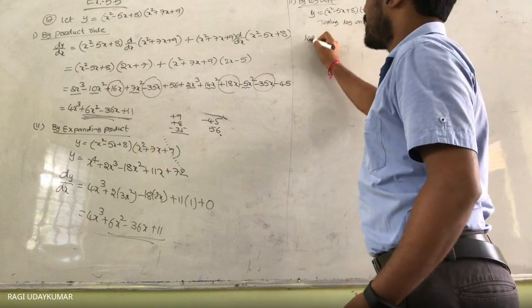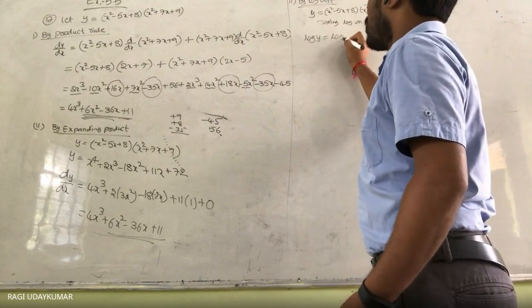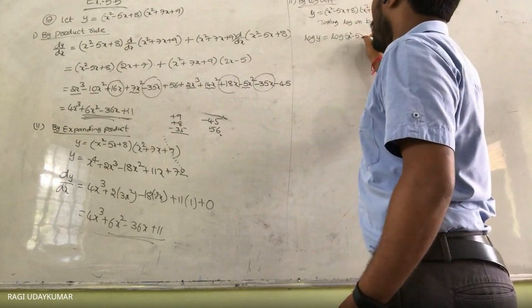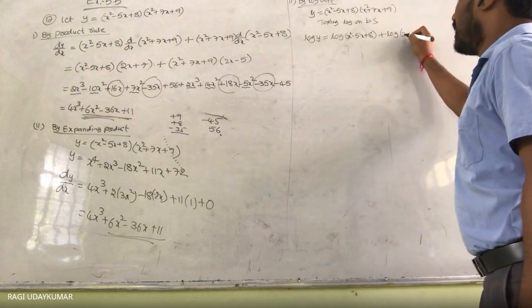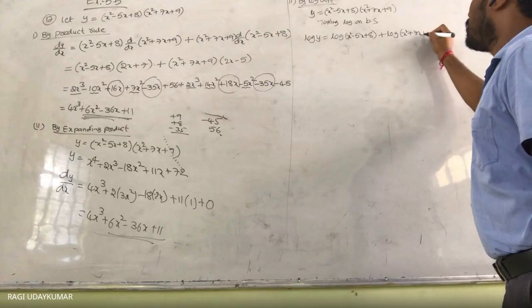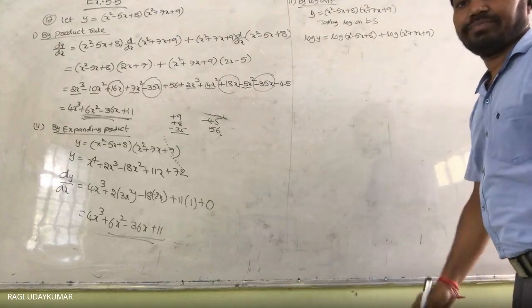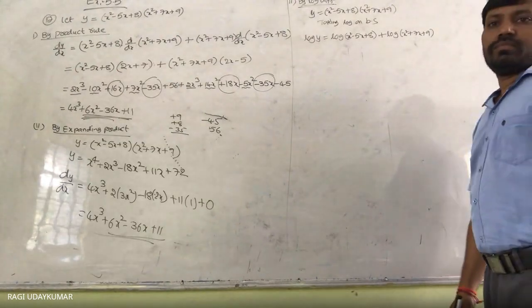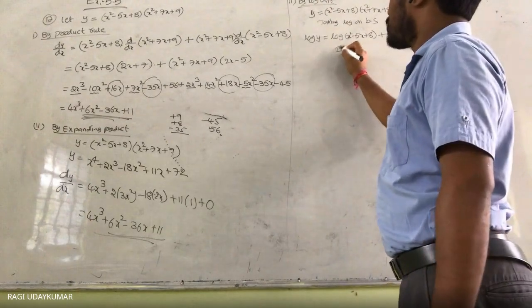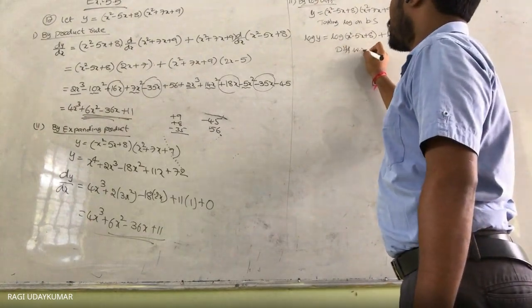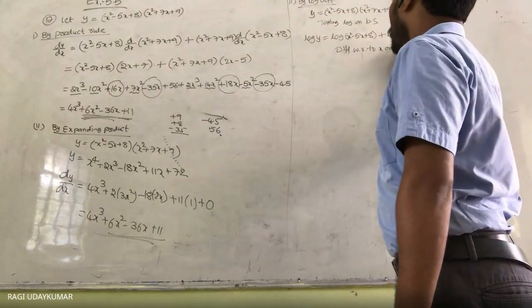So we are going to get here log y is equals to logarithm of x square minus 5x plus 8. I'm writing directly plus logarithm of x square plus 7x plus 9. Isn't it? Now what do you get here? Differentiating with respect to x on both sides.